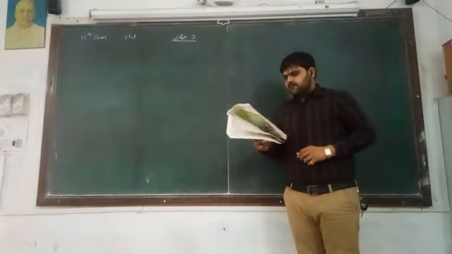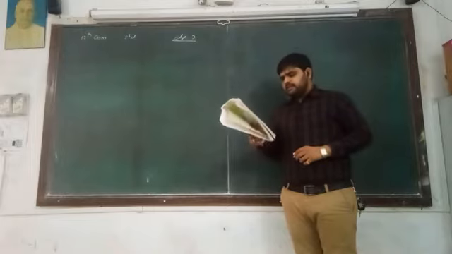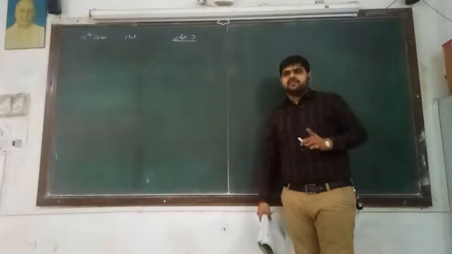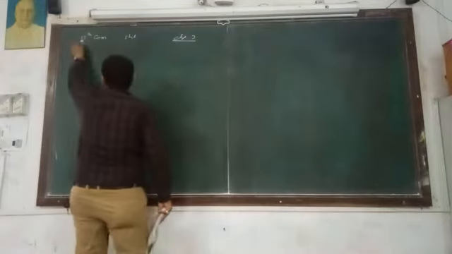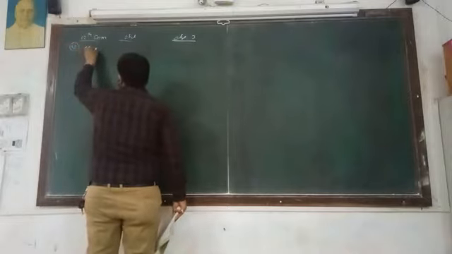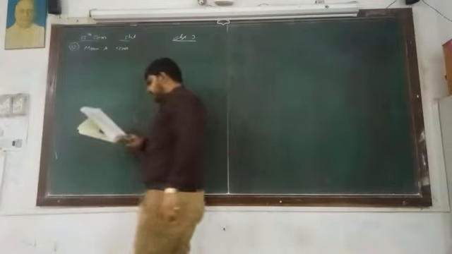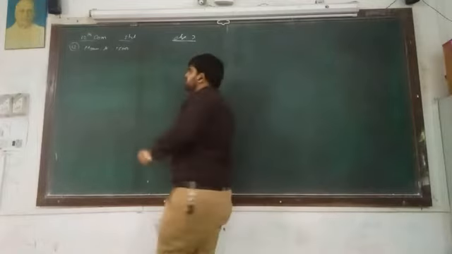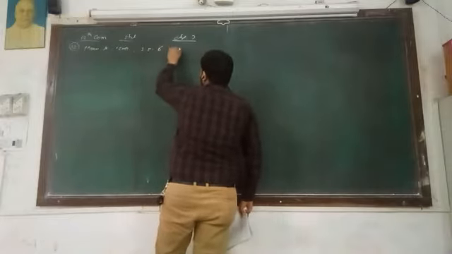The monthly income of a group of employees follows normal distribution. The mean of the distribution is 15,000. So two pieces of information are there. Number one is the mean, that is mu equal to 15,000, and the standard deviation is 4,000, that is sigma equal to 4,000.